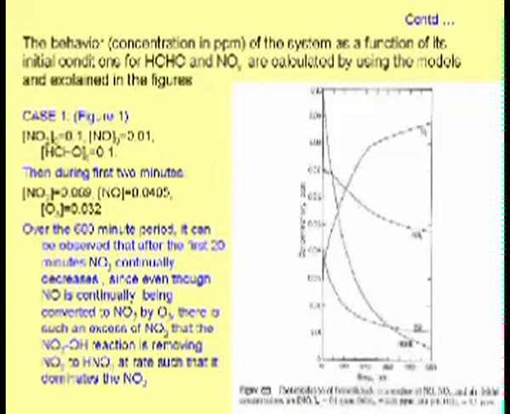I will explain what the things are, but first of all, if we took the initial concentration of NO2 as 0.1, NO as 0.01, a very small quantity comparatively, and SCHO as 0.1, let's take this example and solve it.